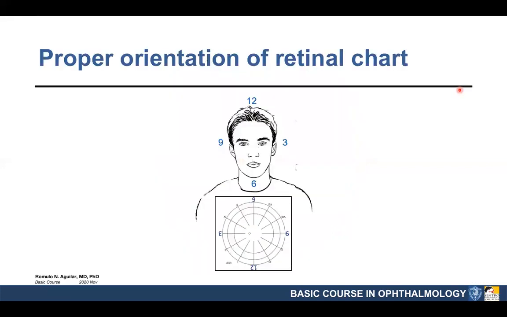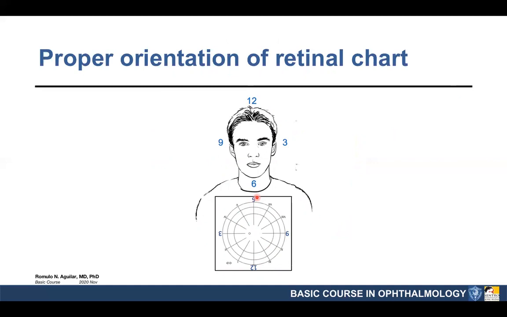Okay, so what is the proper orientation of that retinal chart? If you're examining the patient sitting down, then you have to invert the chart. So this is 12 o'clock. The chart is inverted. 12 is down here. 6 is up there. This is in order for you to neutralize the inverted image when you start doing your indirect ophthalmoscopy.